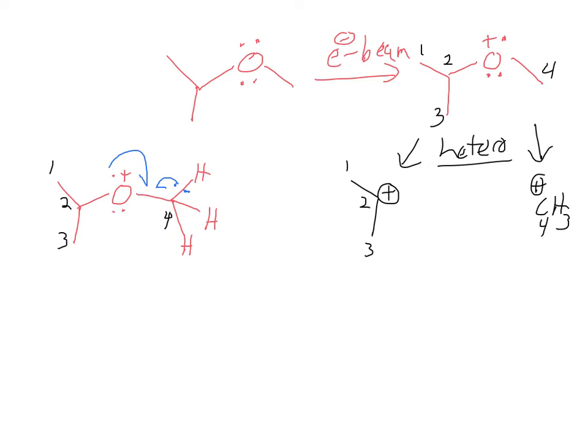You're breaking the alpha-beta bond. This carbon's alpha, this hydrogen's beta. One electron from this CH bond is going to help form that pi bond between O and carbon 4, so the other electron has to go to the H.